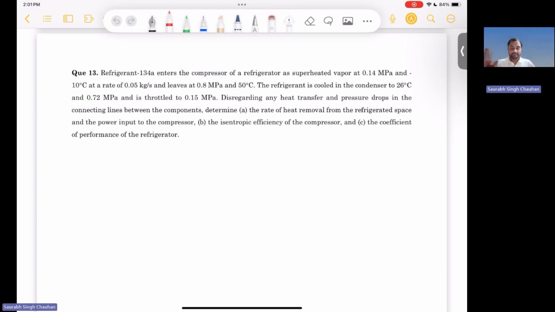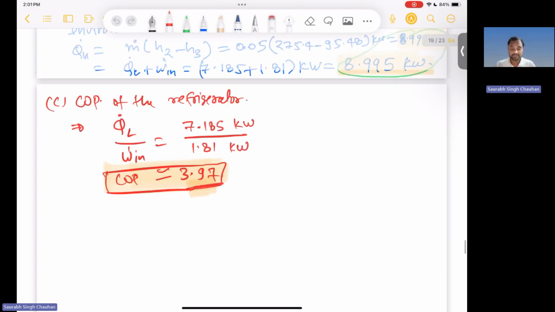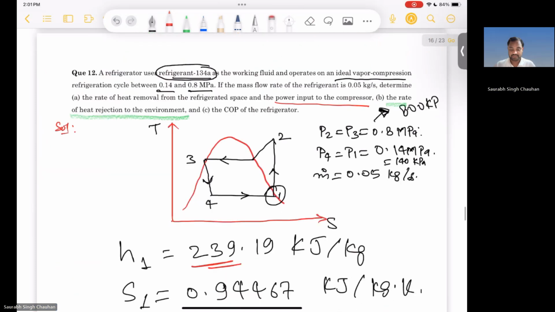Question number 13 says refrigerant R134A, again the same refrigerant, I think. Yes.